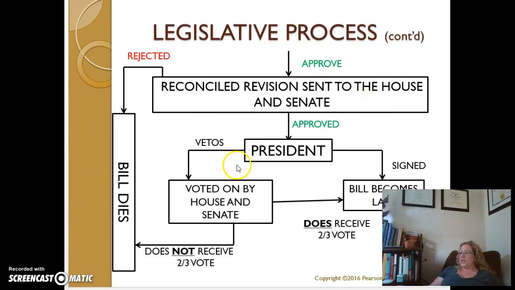And then if it's approved, it's sent to the President, who can veto it or sign it. If he signs it, it becomes law. If he vetoes it, then it's voted on by the House and the Senate. And then the question is, does it receive a 2/3 majority vote between the House and the Senate? If it does, it becomes law. If it does not, then the bill dies.